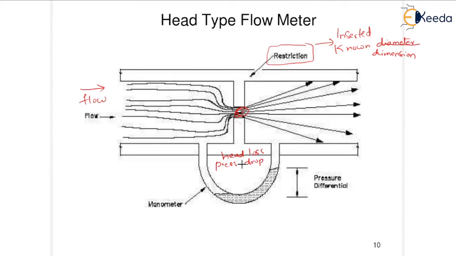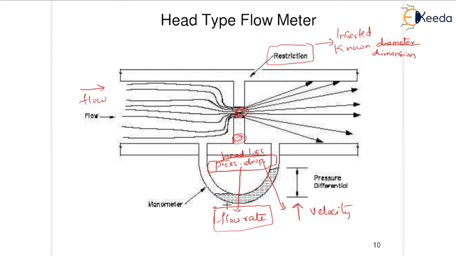The measure of this pressure drop is nothing but the flow rate. What happens due to this head loss or pressure drop? There will be an increase in the velocity, and the measure of this pressure drop at this restriction denotes the flow rate of the liquid.